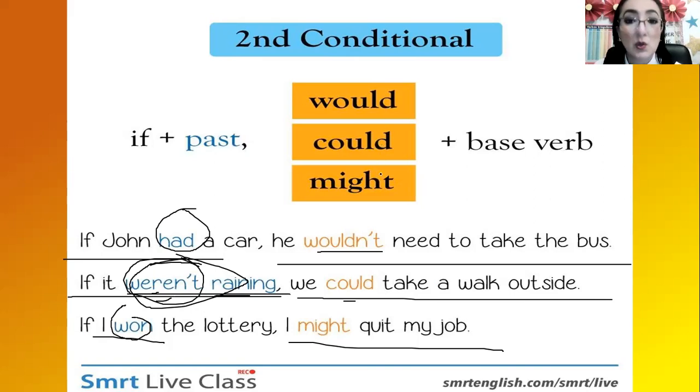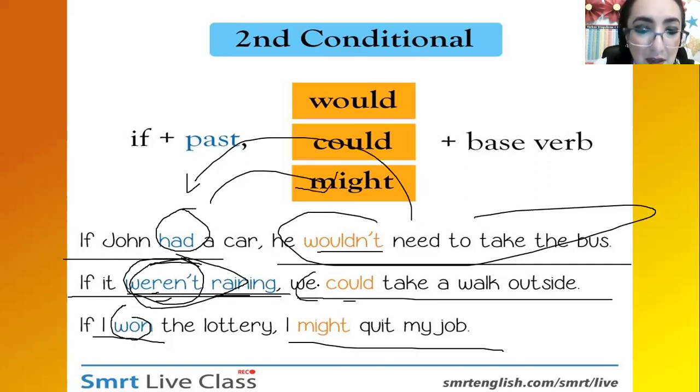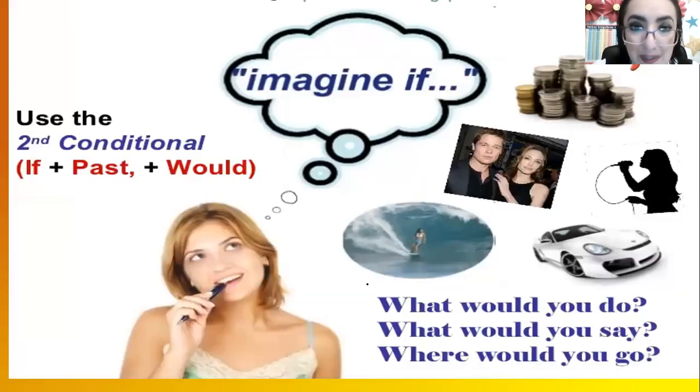And we can use would, could, or might in order to talk about the result. Easy or difficult? As I was telling you, you can switch sentences. Just be careful with the subjects, okay?